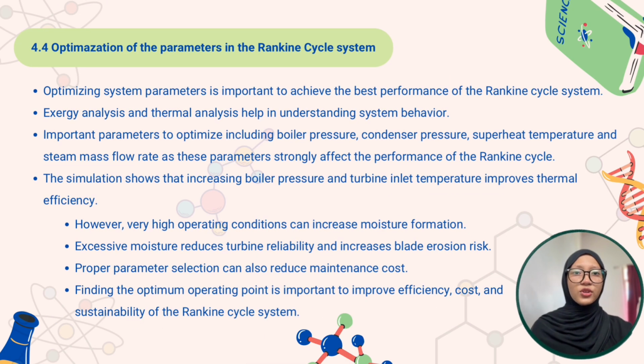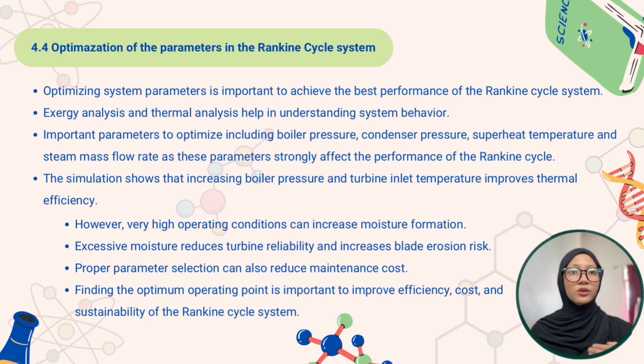Last but not least, to pull all these physical modifications together, a proper parametric optimization is absolutely essential. By conducting exergy and thermal analysis, we gain a clear understanding of the system's behavior. The key variables we need to optimize include boiler pressure, condenser pressure, superheat temperature, and also the steam mass flow rate.